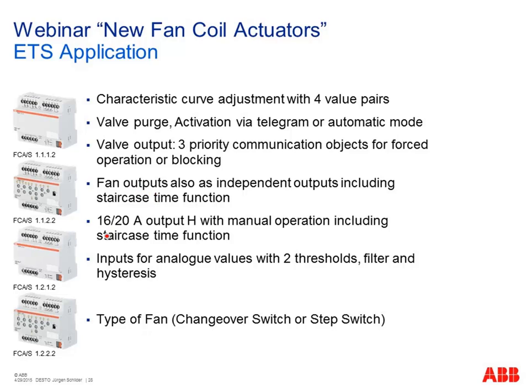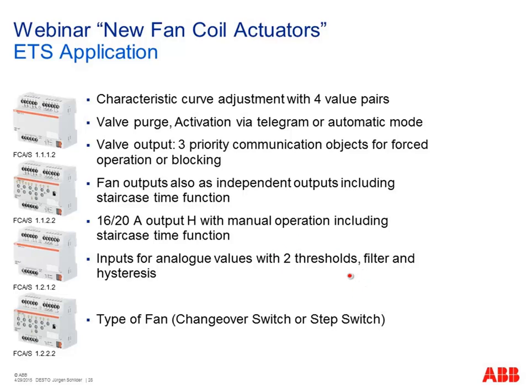Now here also in these new fan coil actuators we have one additional relay, with the green lever, meaning highest performance up to 20 ampere to operate anything whatever you want, typically an electrical heater. As mentioned, the inputs can be used for measuring analog values, temperature values. Also here we have typical parameters you will find in analog inputs.